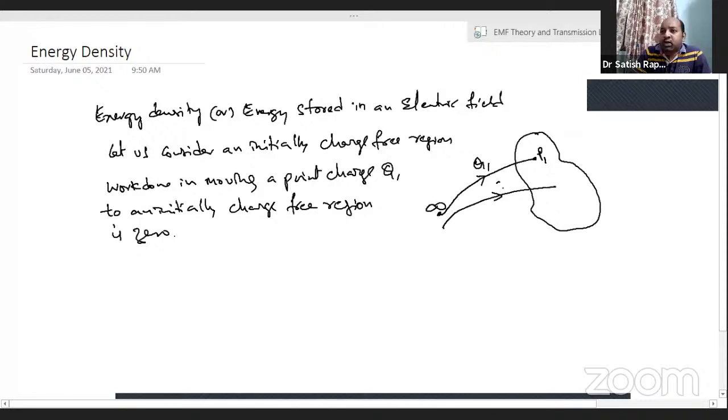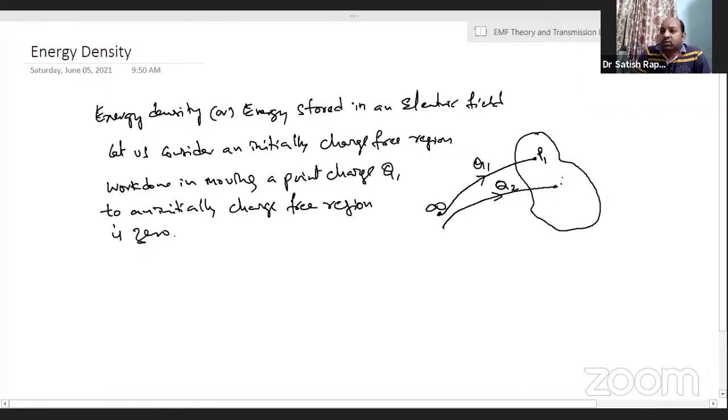I will try to move another point charge Q2 to point P2, right? I'm trying to move another point charge Q2 into this region. Now what is the work done? The work done is not zero. Why is it not zero?